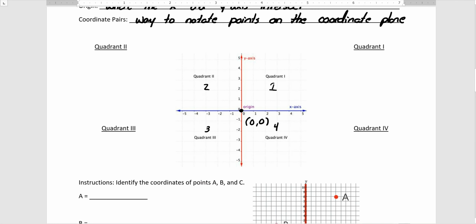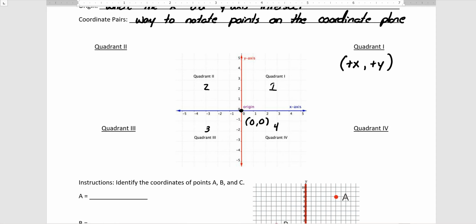If I'm looking at quadrant 1, I'm moving in a positive direction in my x, right? Think of this as a number line. Negatives on the left, positives on the right. So I'm moving in a positive direction horizontally, and also in a positive direction vertically. Positives up, negatives down. So anything in the first quadrant is going to have a positive x value and a positive y value. Now notice how that changes in the second quadrant.